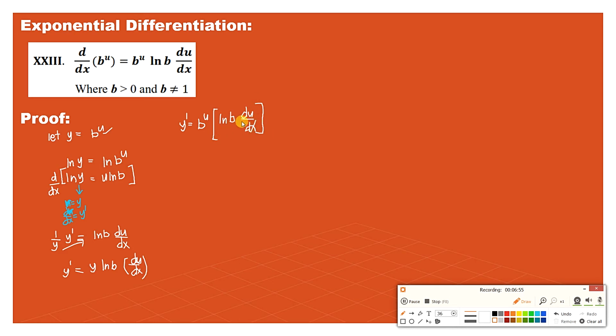So, pwedeng may bracket, pwedeng wala na. Pwede kong tanggalin na rin to. Wala na yan. So, this is our final answer. Okay, so, y prime is b raised to u ln of b du over dx. Okay, so, yun yung explanation or proof.